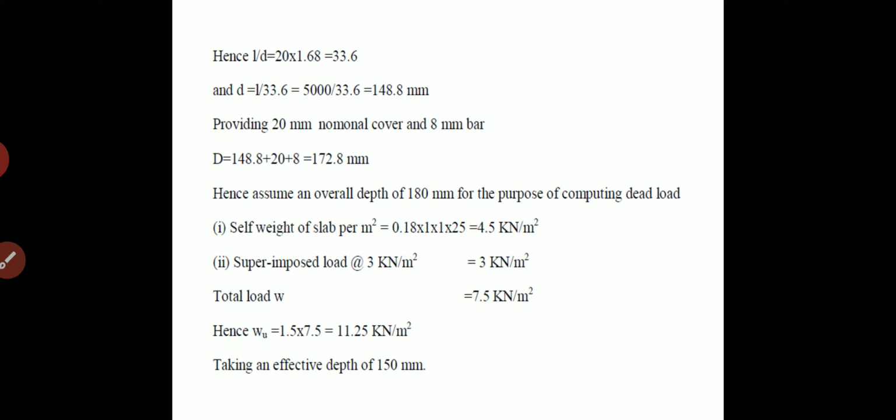So here capital D equal to small d plus nominal cover plus dia of bar. So we sum all these values. So capital D here equal to 148.8 plus 20 plus 8. Final value equal to 172.8 mm.